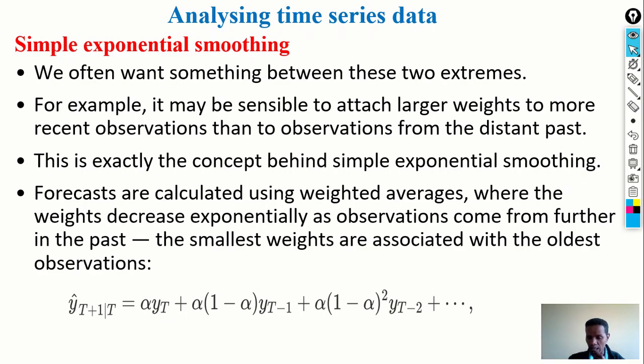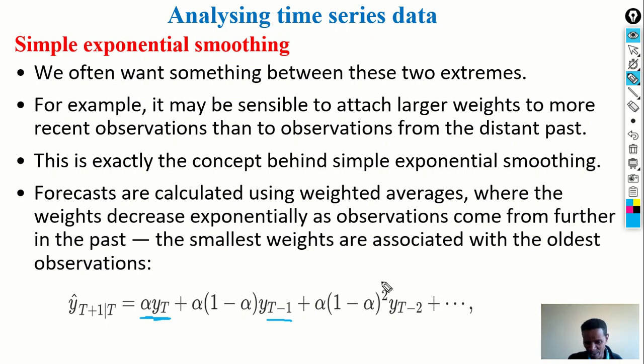We have the forecasted outcome variable y hat at time t plus 1 in the future, given the current value of t, equal to the smoothing constant alpha multiplied by the value of the outcome y at time t, plus alpha multiplied by 1 minus alpha multiplied by y at t minus 1, the previous observation, plus alpha multiplied by 1 minus alpha squared multiplied by y at t minus 2. This will continue till the last observation.